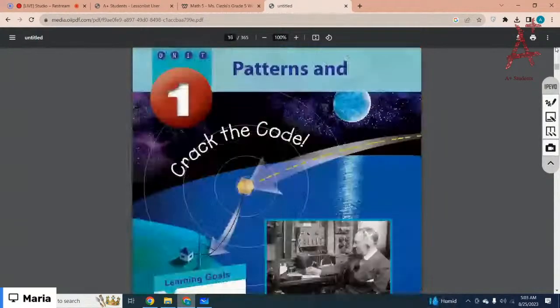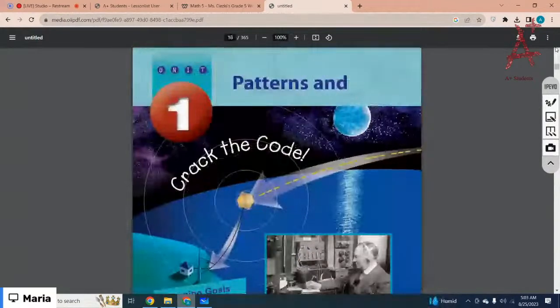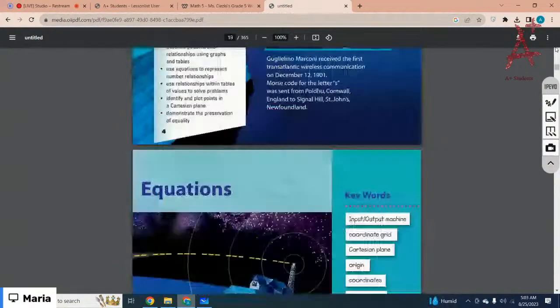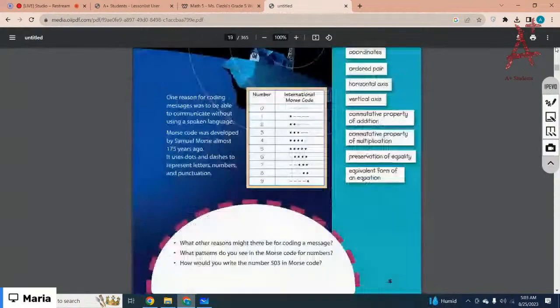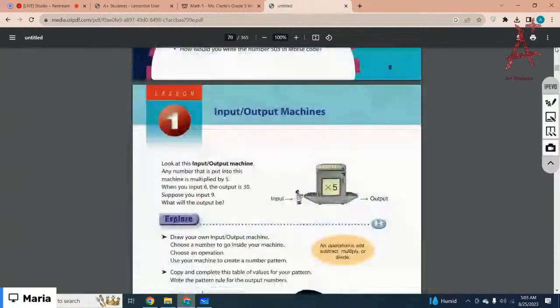Okay, here is the first chapter, patterns and equations. Let's start with the first lesson, input output machines.